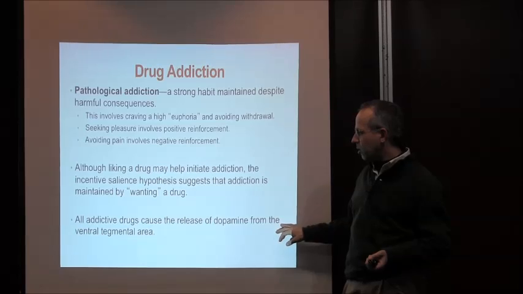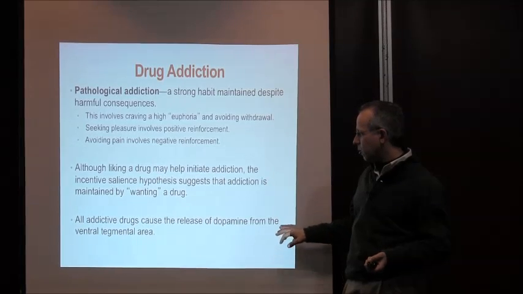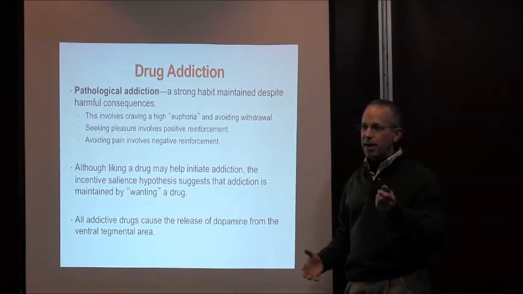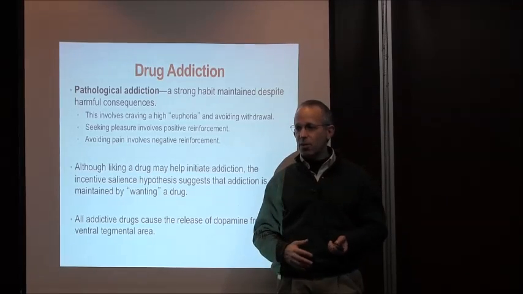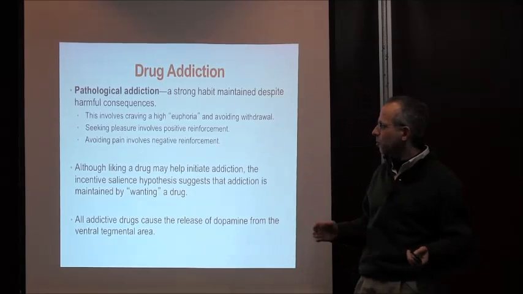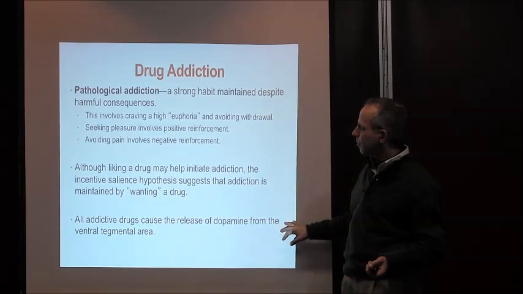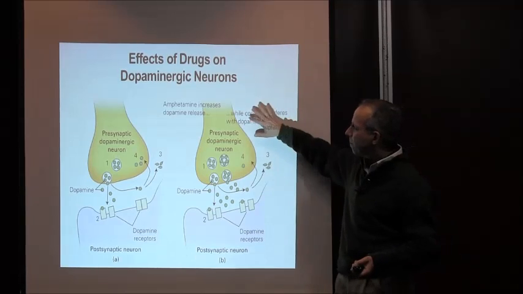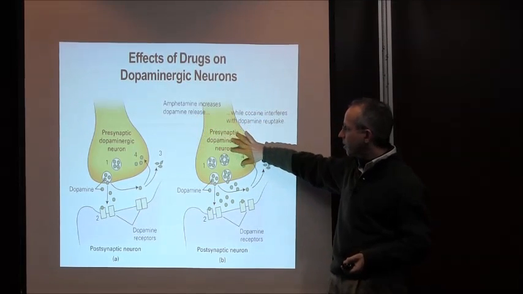And all addictive drugs cause the release of dopamine in the ventral tegmental area. So whether it's cocaine or amphetamines and so forth, they're all ultimately coming through this dopamine system and increasing dopamine. For example, amphetamines increase dopamine release.